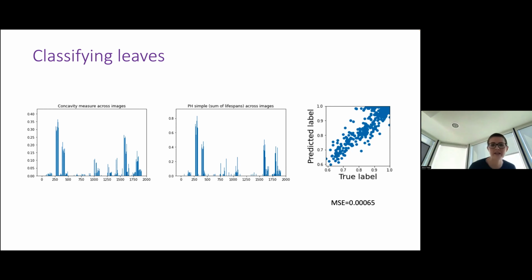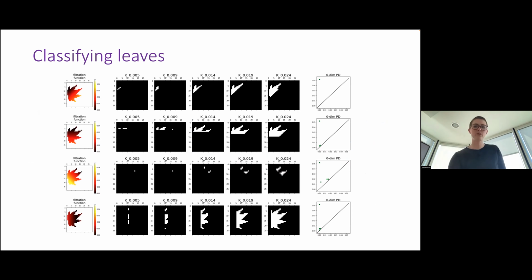So we can achieve fairly good prediction of this convexity measure with persistent homology. Of course, this can be refined. For example, I think for this particular leaf, because it also has sources of concavity, we did not achieve a very good prediction.